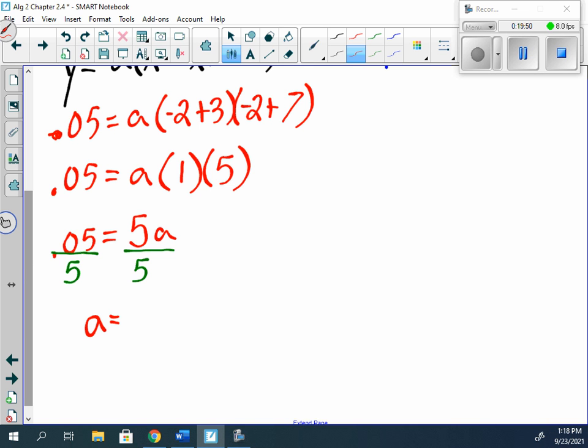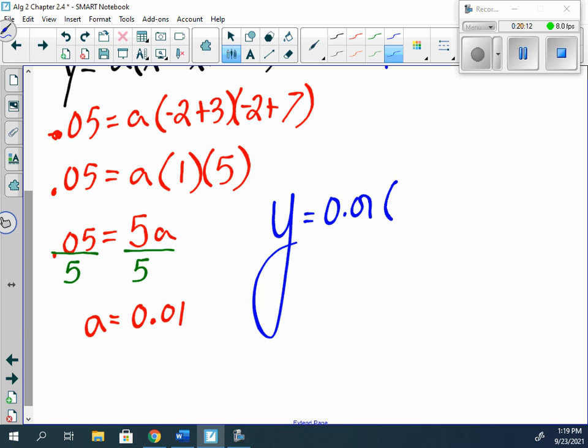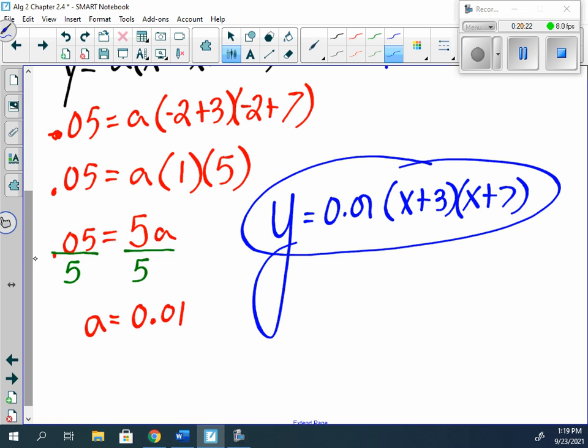And it works out that 0.05 divided by 5 is 0.01. And just like the one before, we're just going to plug a, p, and q back into the equation to get our answer.